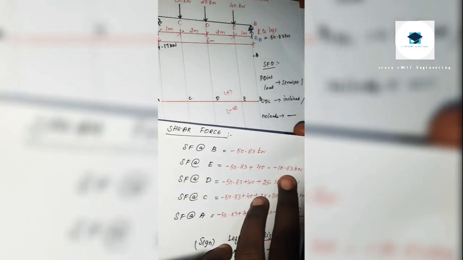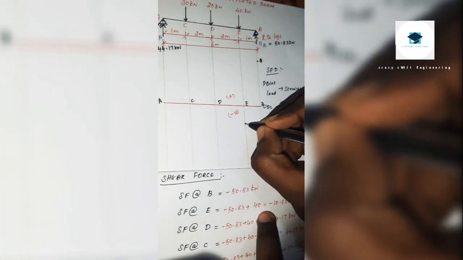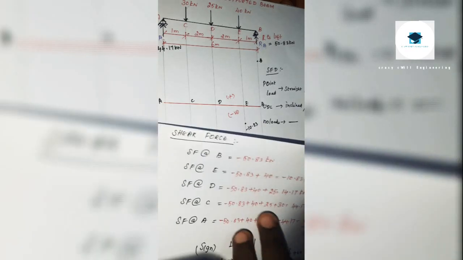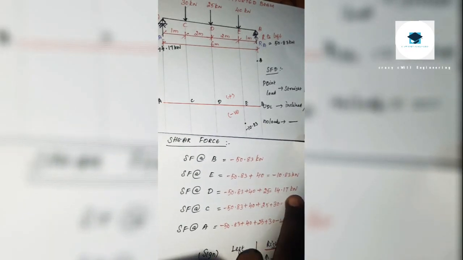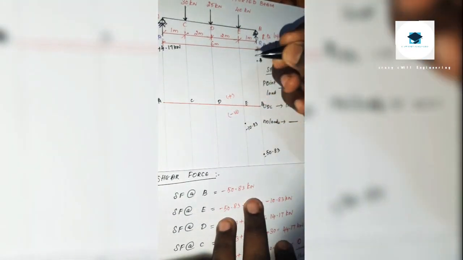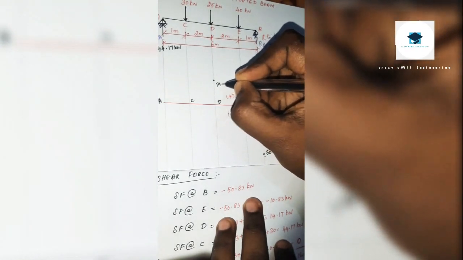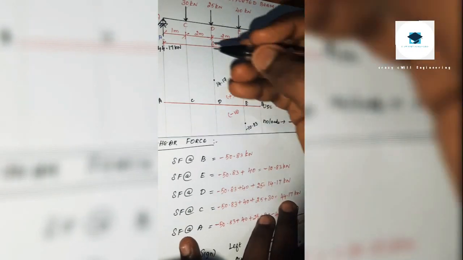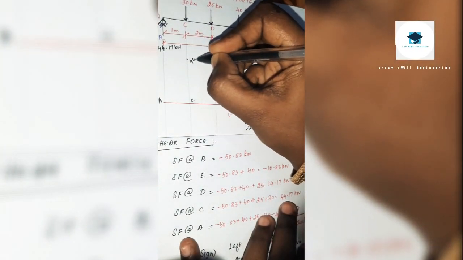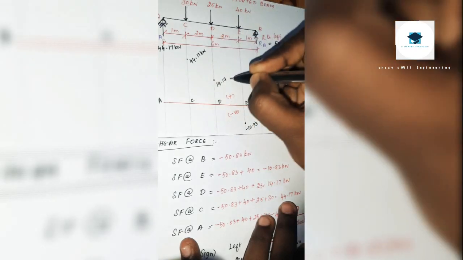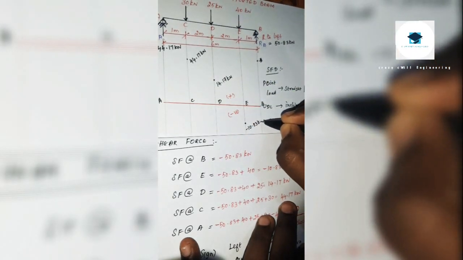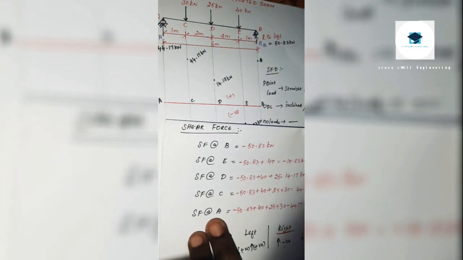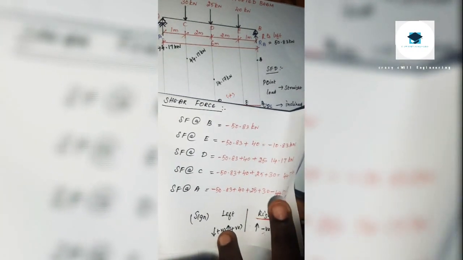Shear force at E is minus 10.83. Shear force at D is 14.17, so draw above the datum 14.17. Shear force at C is 44.17 kilonewton. Shear force at A equals 0.